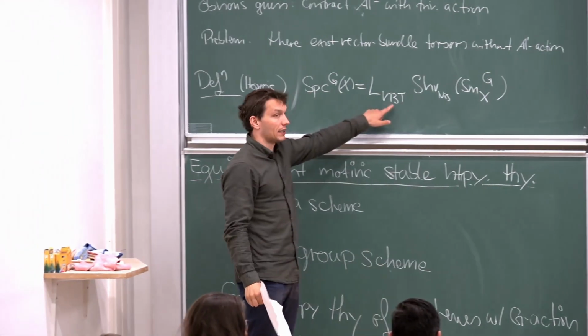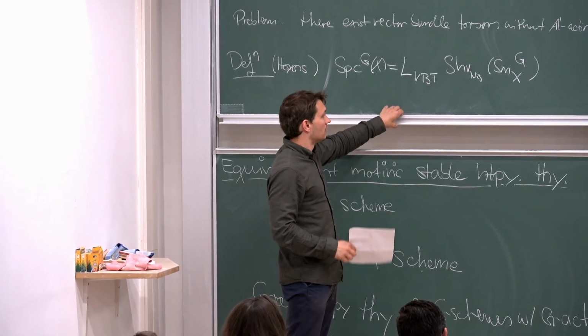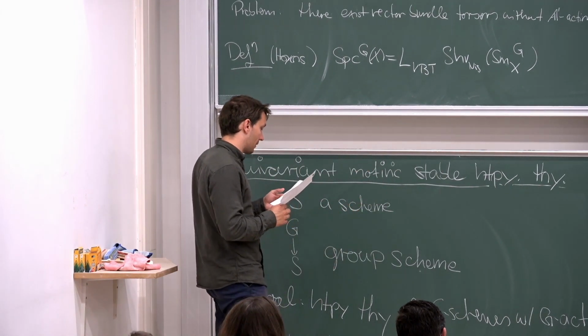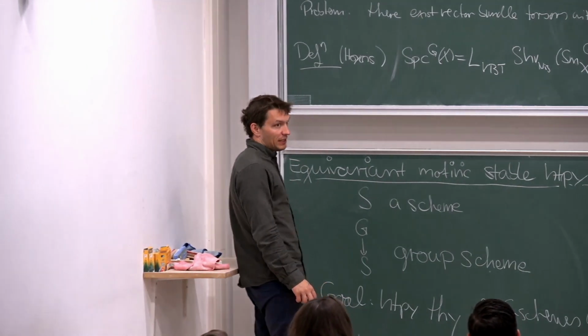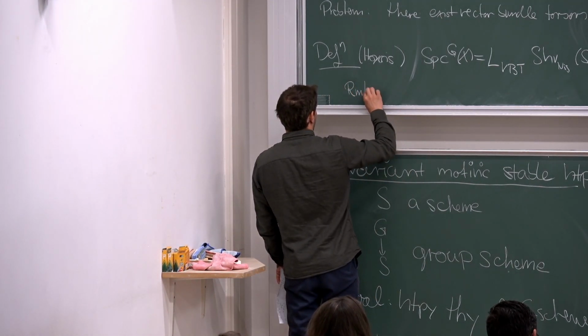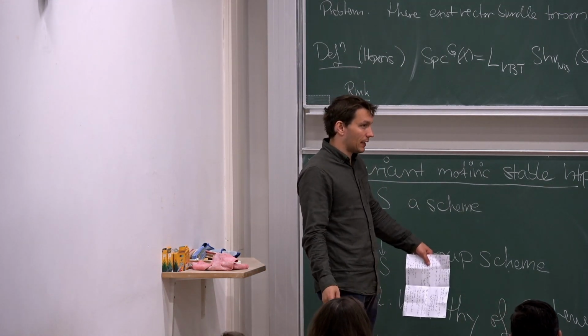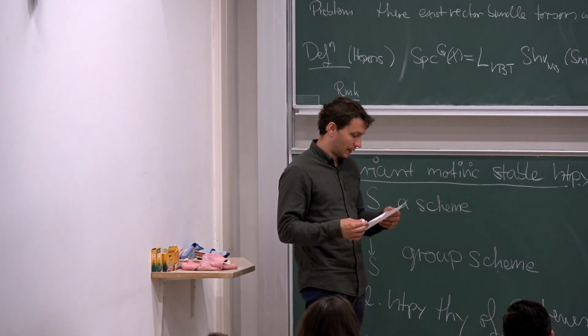Okay, right, so this means you declare all vector bundle torsors to be equivalences in your new category. Let me immediately follow this up with a remark, which is that if you have a finite group, then this problem does not arise, and you do not need to concern yourself with it.